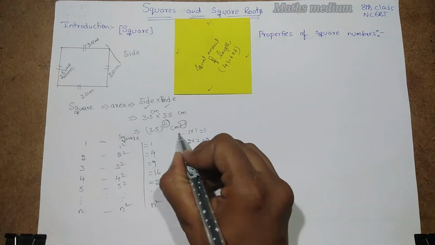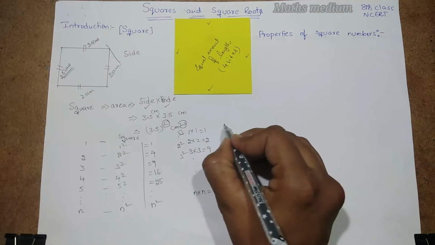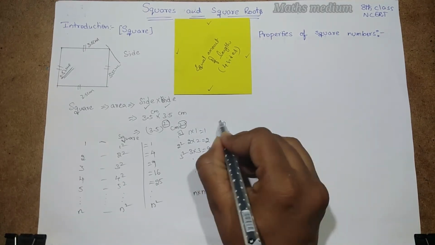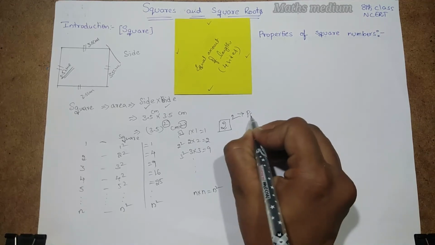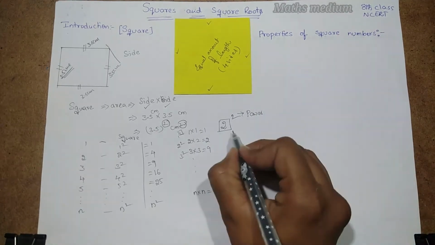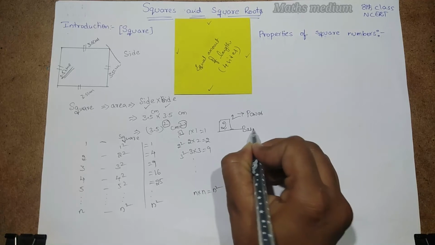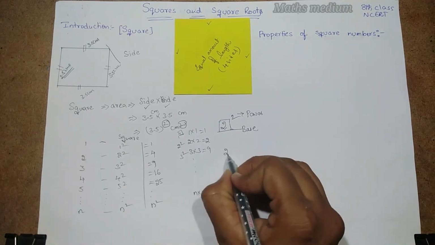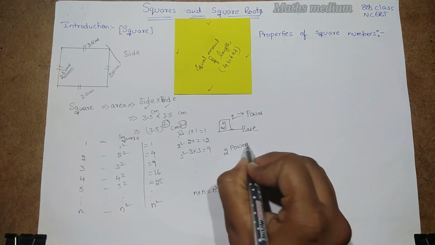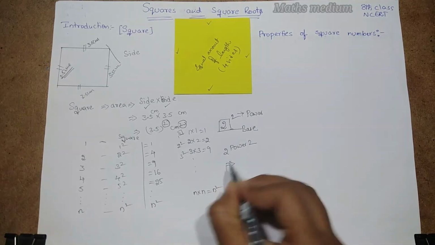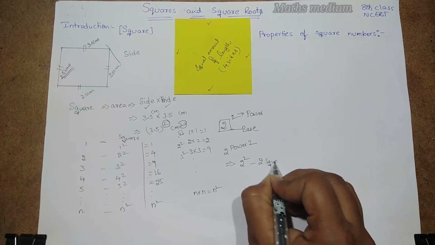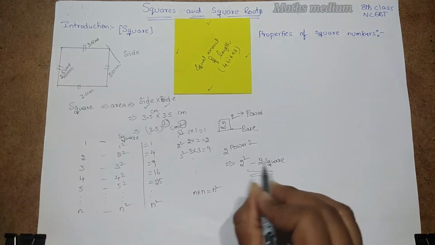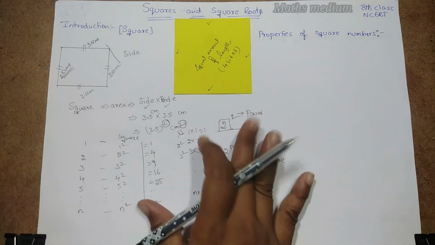The one in the head is the power, and this is the base. We can also pronounce it as 2 power of 2, but generally we pronounce it as 2 square. This is the pronunciation and representation of the square.